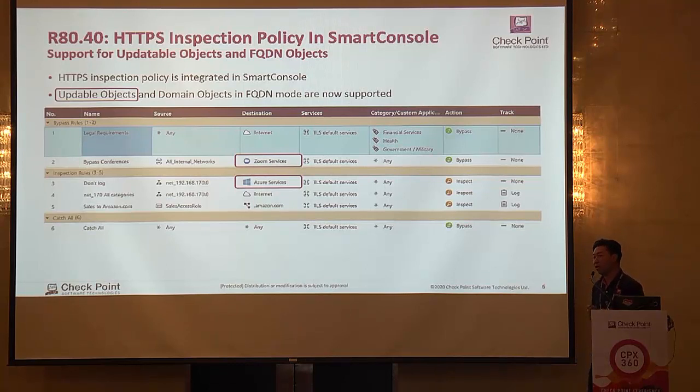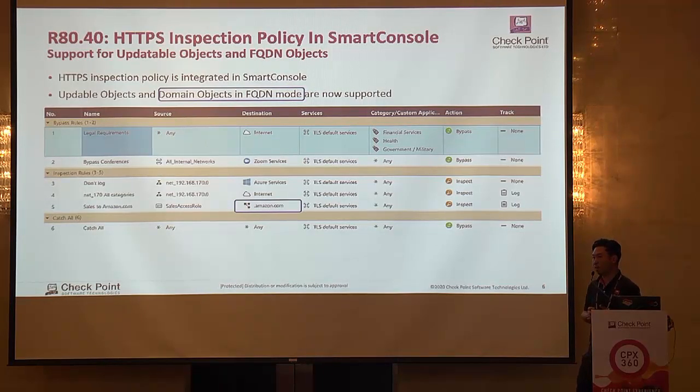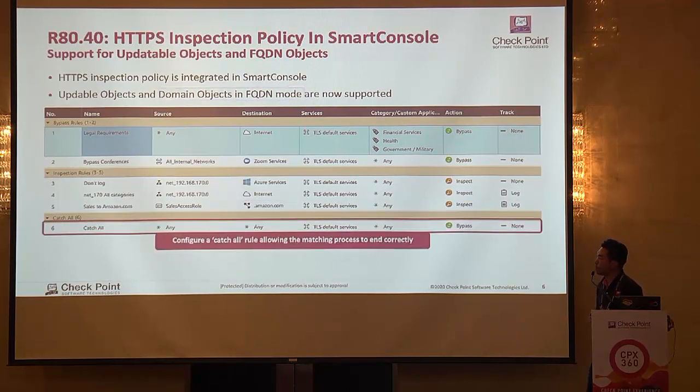So now we can use this kind of object in the HTTPS inspection policy as well. And also domain objects, like Amazon.com. We can now use domain objects in the HTTPS inspection policy as well. This is one of the enhancements in R80.40.